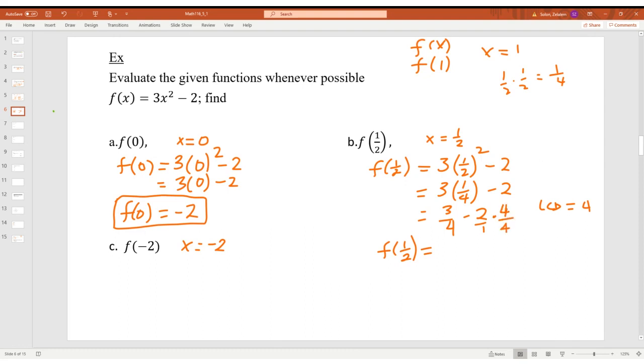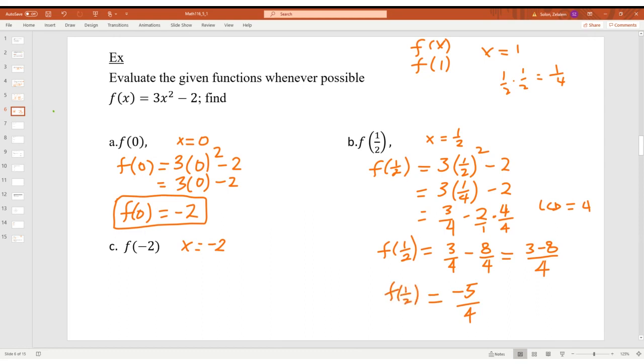So now this becomes 3 over 4 minus 2 times 4, which is 8 over 4. If you have the same denominator, you can add or subtract the numerators. So you keep the common 4, then we have 3 minus 8. 3 minus 8 is negative 5 over 4. That's the answer, okay?